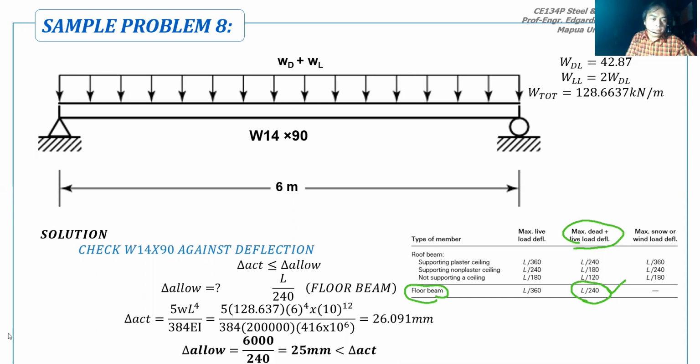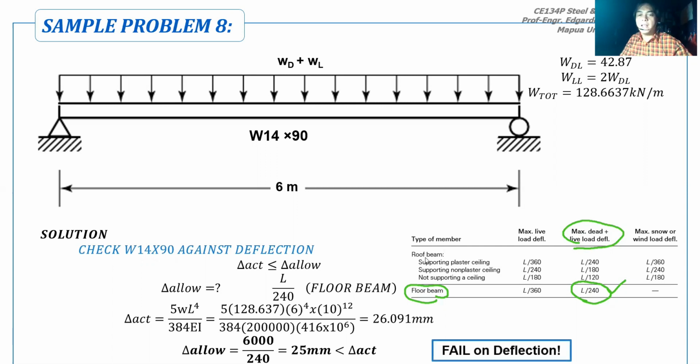The actual deflection was calculated as 26.091. Then I solved for the allowable deflection from L over 240, with L being 6 meters converted to millimeters: 6,000 over 240 gives 25. As you can see, the actual deflection is 26 while the allowable is only 25. Therefore, it failed.